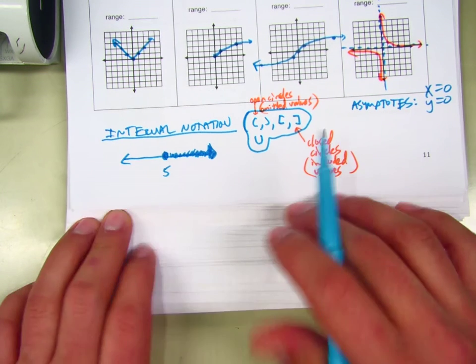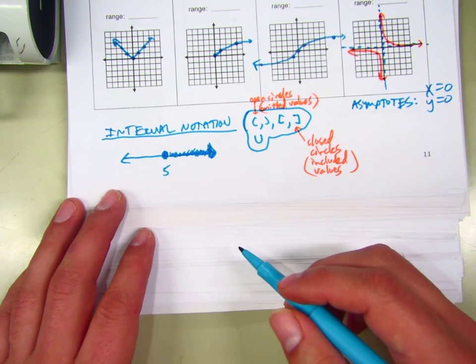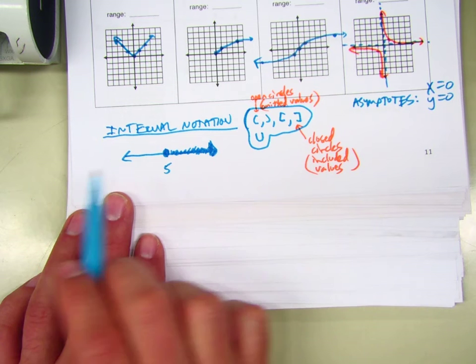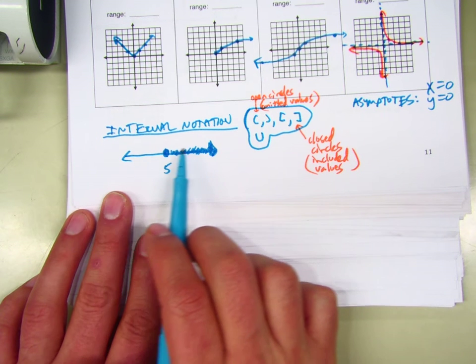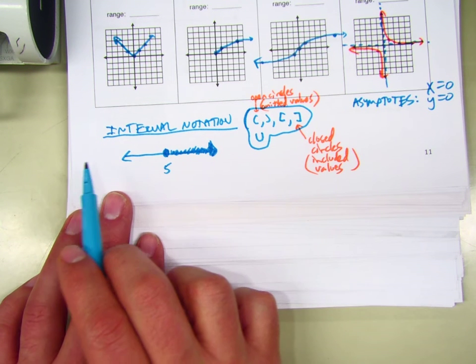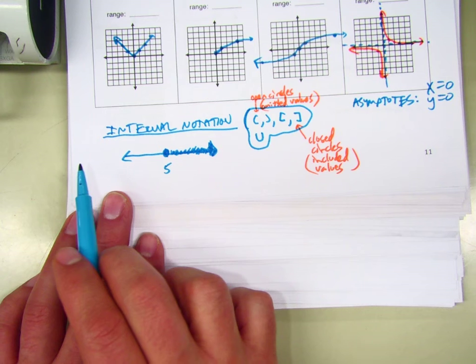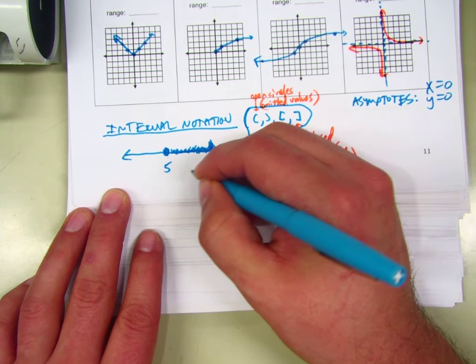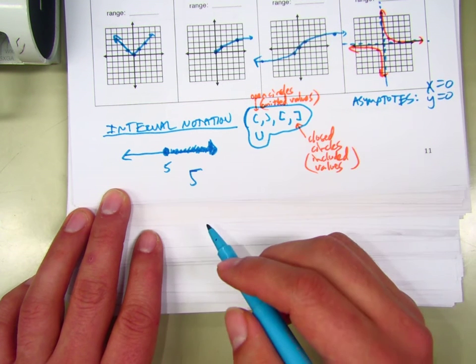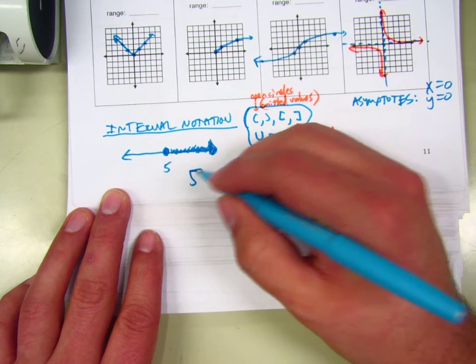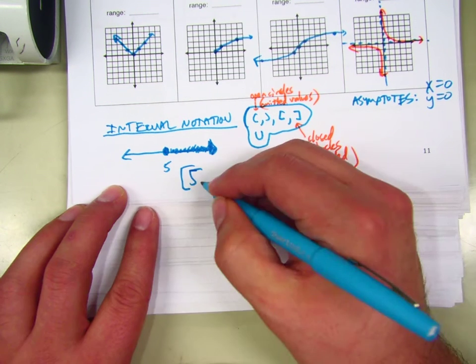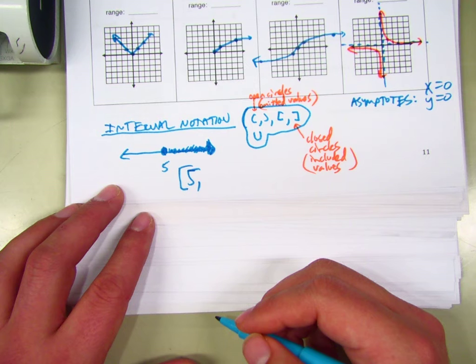So if I'm looking at this number line, from left to right, we always read our number lines from left to right. What is the first number I'm coloring in here? 5. Is it filled in? So that means I use a bracket to start the interval notation. And then I separate it with a comma.